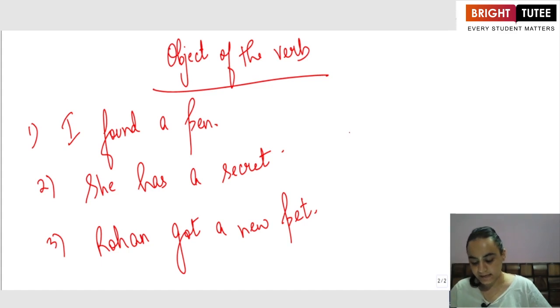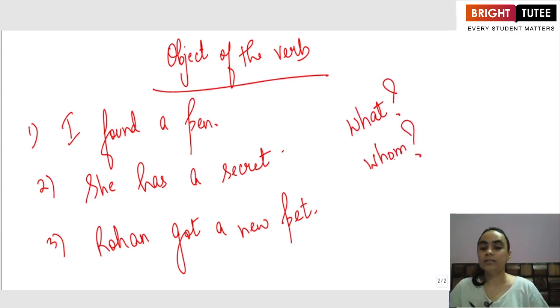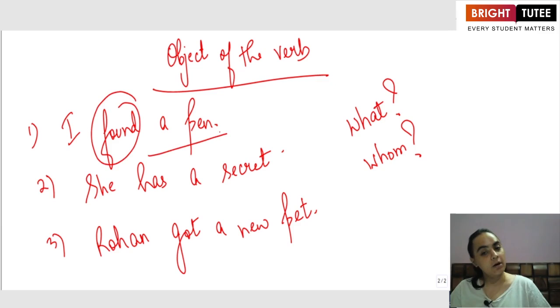Basically there are two questions that we ask whenever we have to identify the object of the verb: what and whom. If I ask the question, found what? The answer is a pen, which is the object of the sentence. If I say she has what? A secret, so that is the object of the sentence.